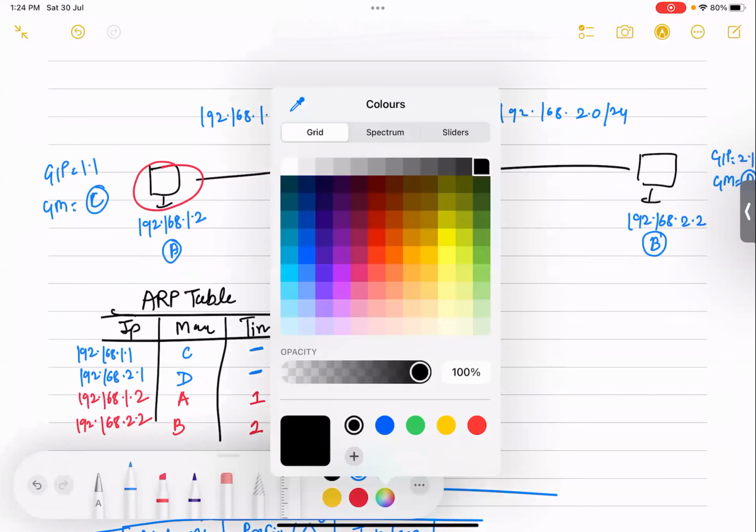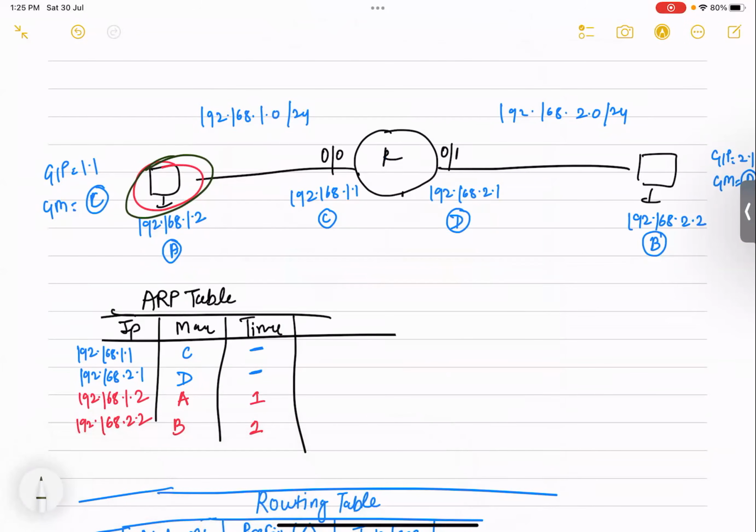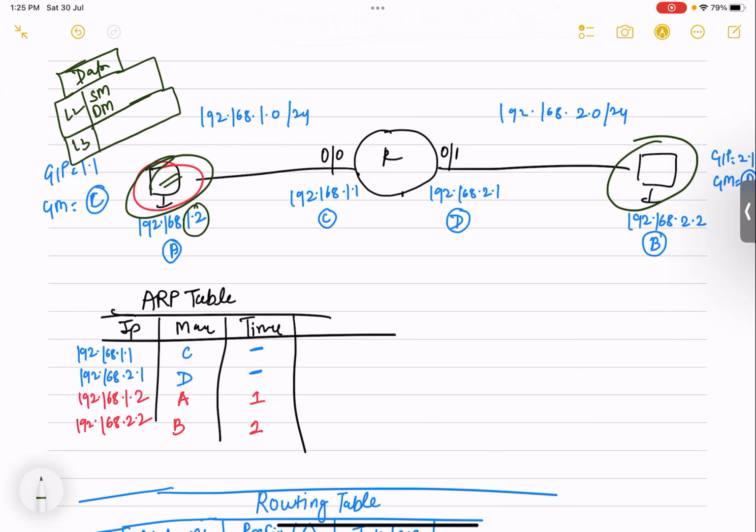Yes, audible. Okay. So now PC1 says I want to communicate with PC2. PC1 generates data. In the data, PC1 specifies I want to communicate from 1.2 to 2.2. Are both in the same network or different? Different networks. So whenever PC1 generates data, first add layer 2 information: source MAC and destination MAC. Then add layer 3: source IP and destination IP.